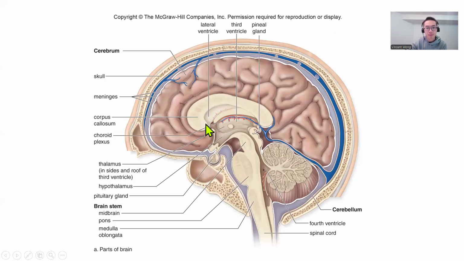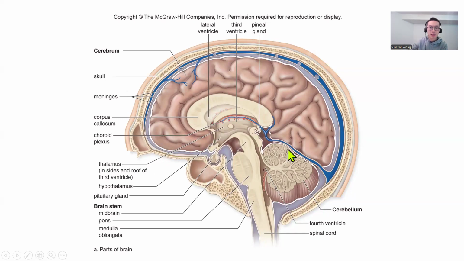Couple other things just to reiterate. We have this band here, the corpus callosum. It's a bundle of white matter that allows the two hemispheres to communicate with each other. And of course, that leads into the lateral ventricle. We have the third ventricle. And then here we have another label.